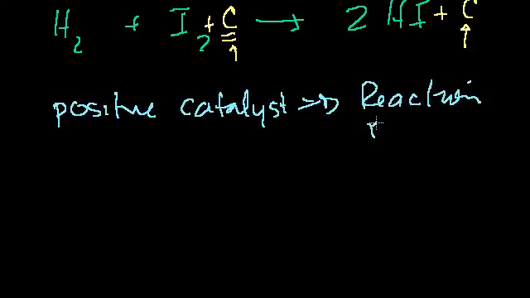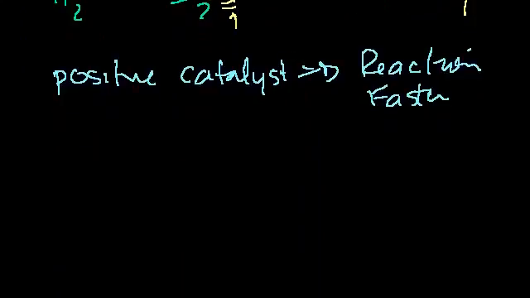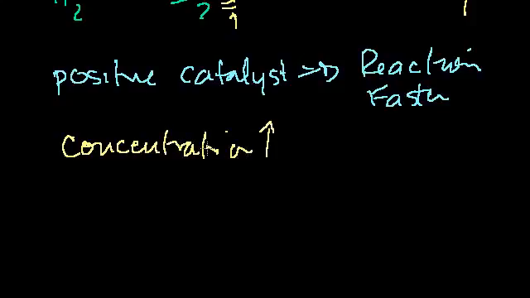More molecules are going to bump into each other just right to be able to get over this hump, because the hump will be lower when you have a catalyst. Also, if you increase the concentration of molecules, then you just have more stuff to bump into each other. There's just the likelihood.